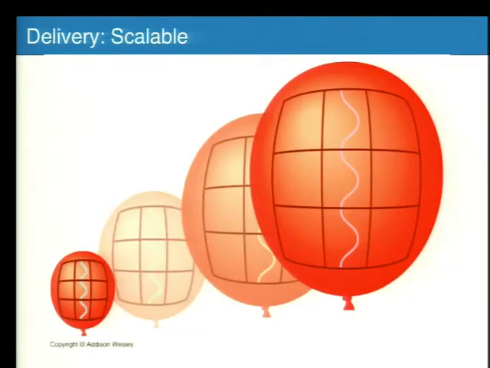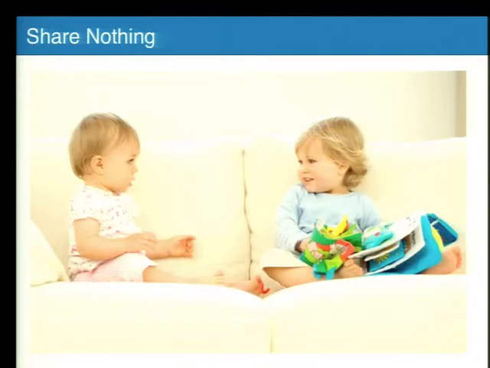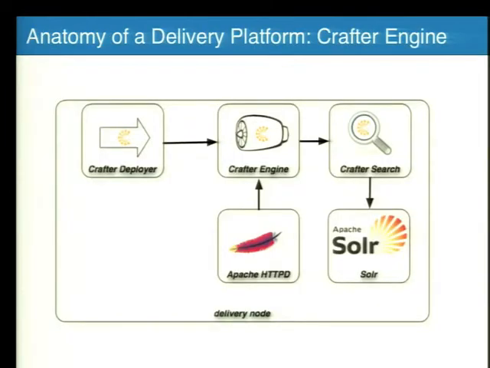You want to be scalable. And one approach for being scalable is to share nothing, right? It's easy to scale things if you're stateless and you don't share resources. One thing that we do is ship content to each of our nodes so that the content's easily available there.